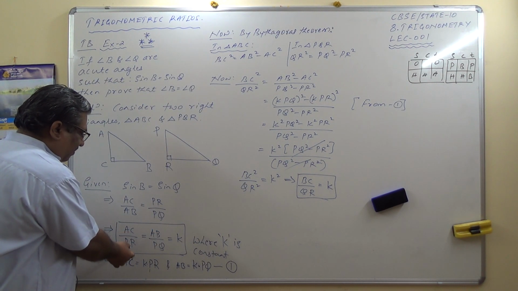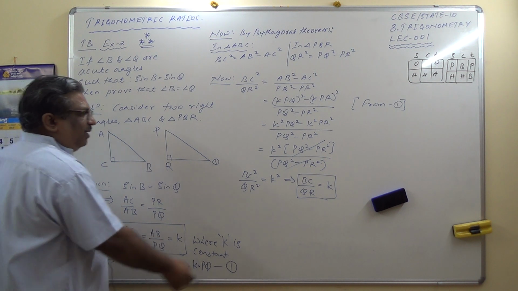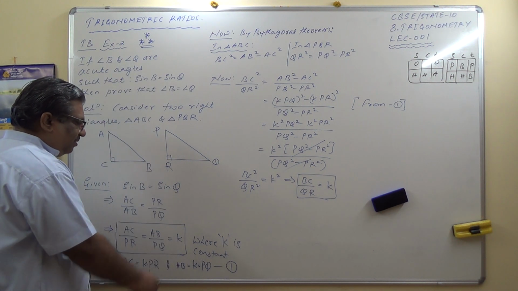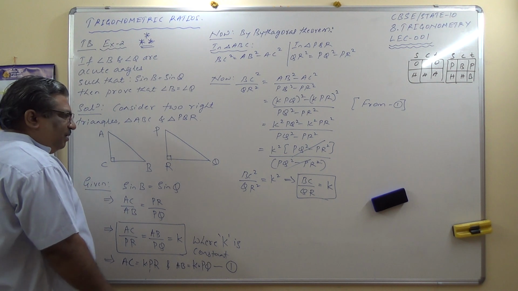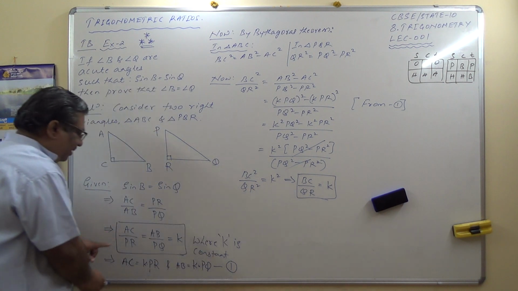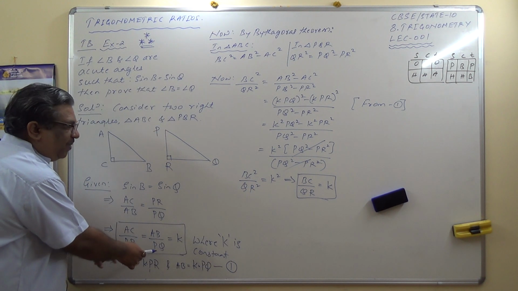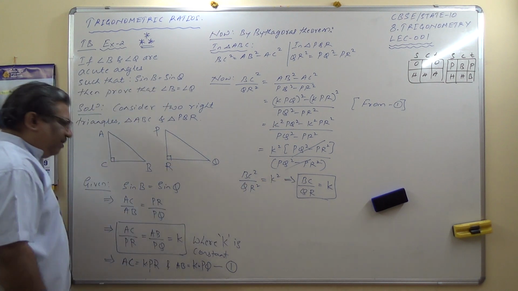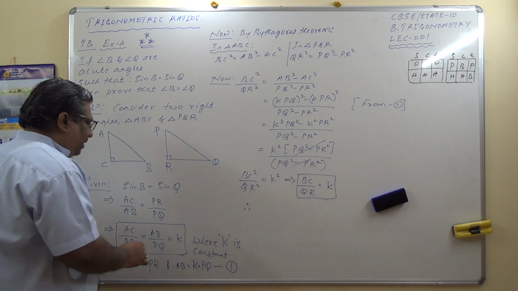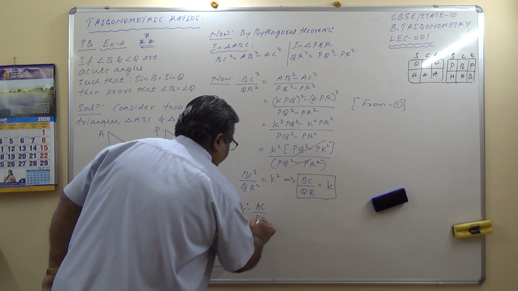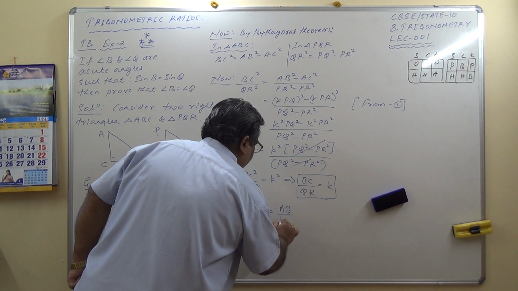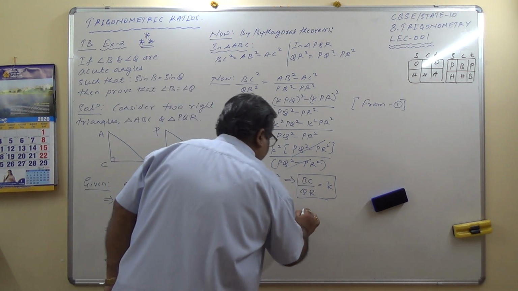From here AC by PR equals AB by PQ equals K, and finally BC by QR equals K. I could have fine tuned the tagging and tracing a little, but it's okay. Now from this and this, we can say AC by PR equals AB by PQ equals BC by QR equals K. Therefore AC by PR equals AB by PQ equals BC by QR.